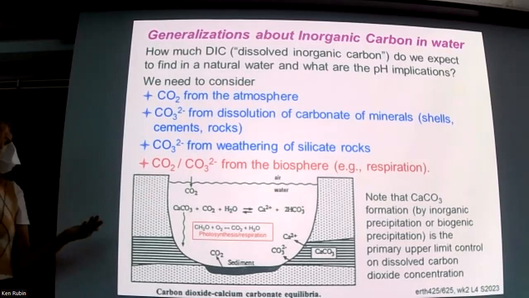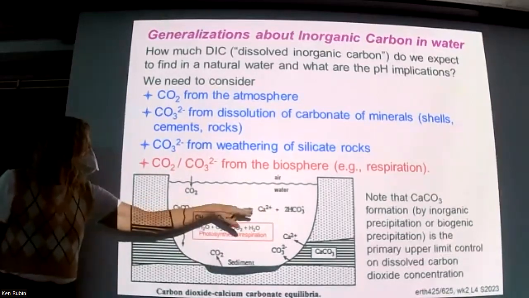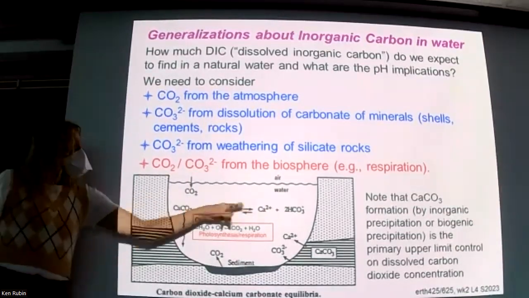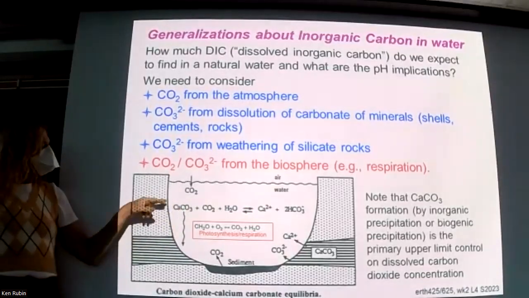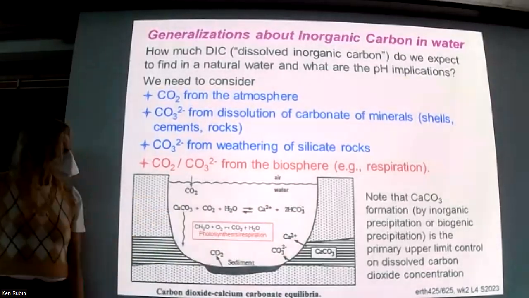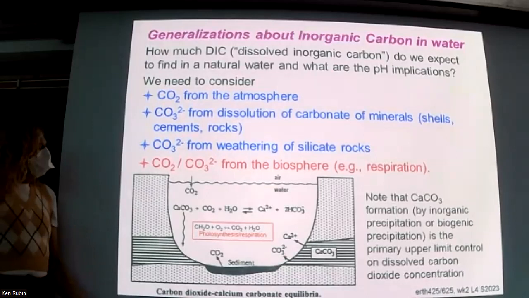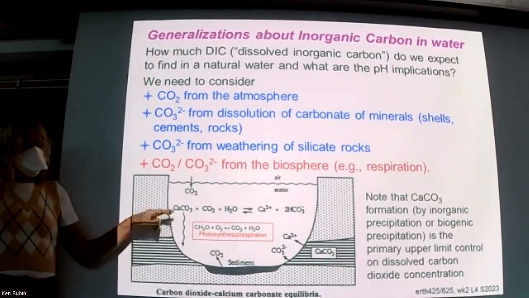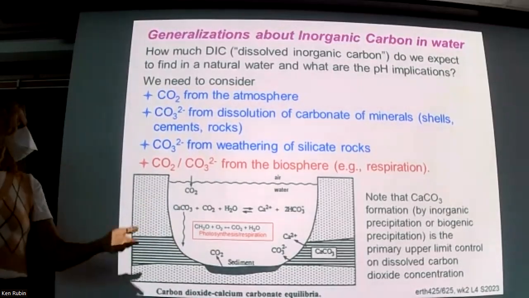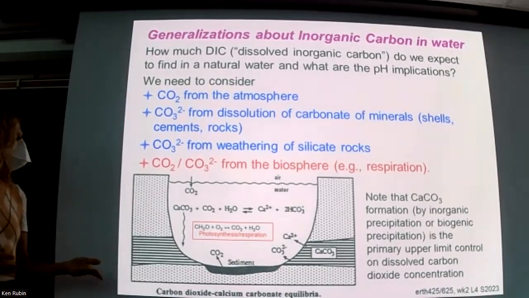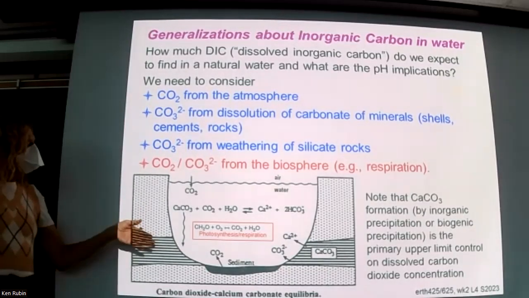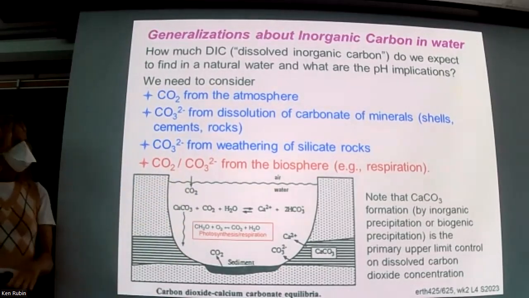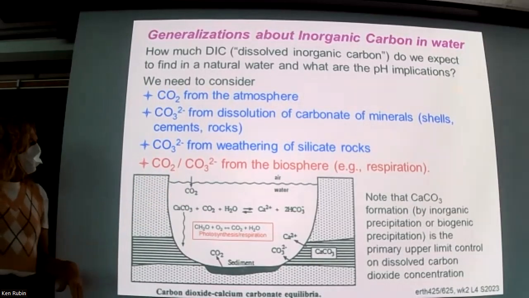If pH is really low, then this reaction doesn't go in the back direction, the making of shells. It goes in this direction, the dissolving of shells. If the pH goes high, then we tend to favor this. And this is one of the reasons why we find more calcareous sediments in seawater, which is basic, than pretty much anywhere else in the hydrologic cycle, which is for the most part acidic.